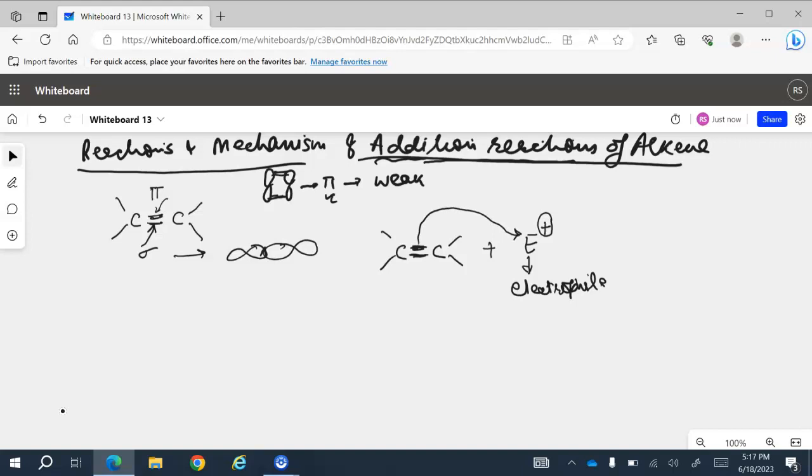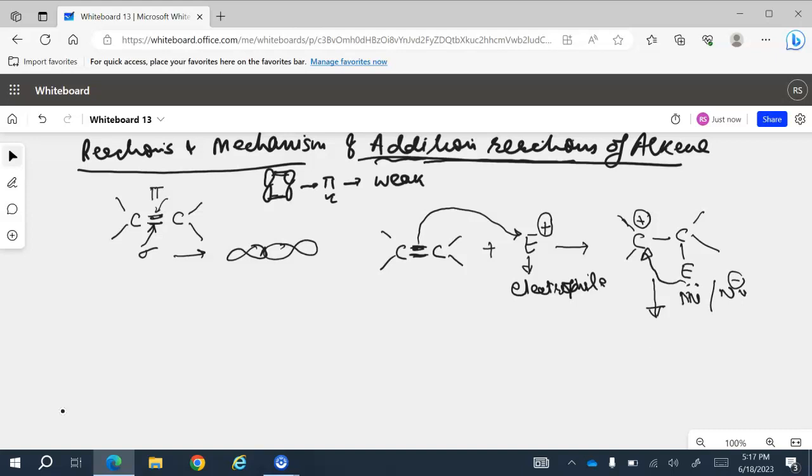When this pi bond attacks the electrophile, or electron-loving species, the electrophile will add to one of the carbons, whereas the other carbon will generate some positive charge. Now on this positive charge, a nucleophile, a species having a lone pair of electrons or negative charge, will attack the positively charged carbon.